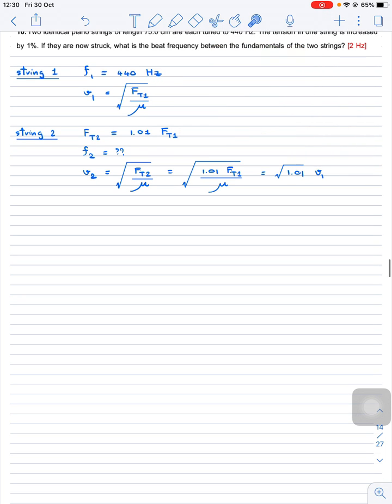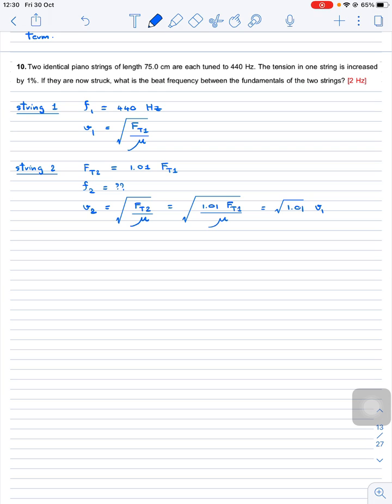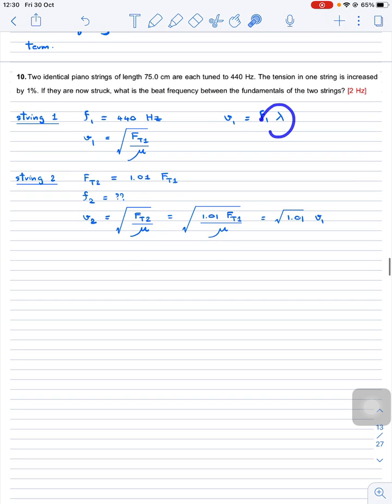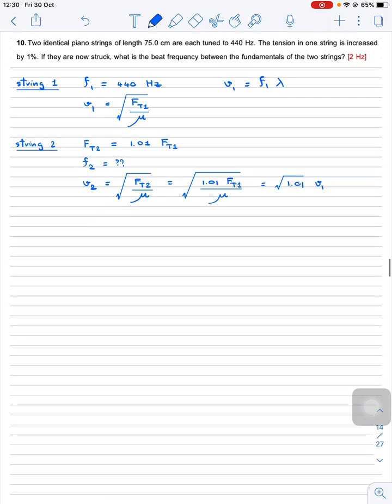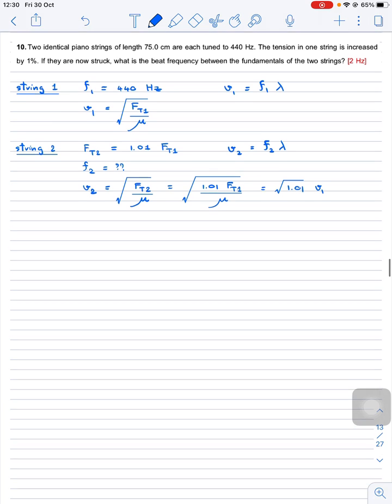So now we're going to try to link this to the frequency. We said that v1 equals f1 times lambda. The wavelength of both of them should be the same. Now for this one, we have v2 equal to f2 times lambda.